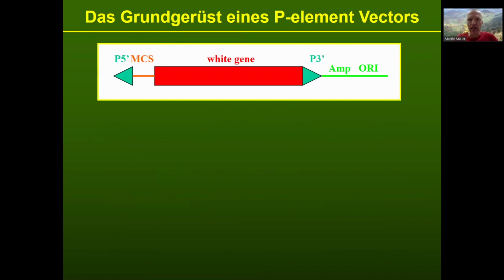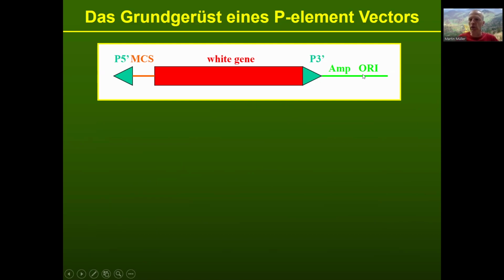So the P element vector, how does it look? It's a circular plasmid. I have drawn it here as linear, but it's really a circular plasmid, and you need to be able to work with it in bacteria. That's why it has an ampicillin resistance gene, for example.